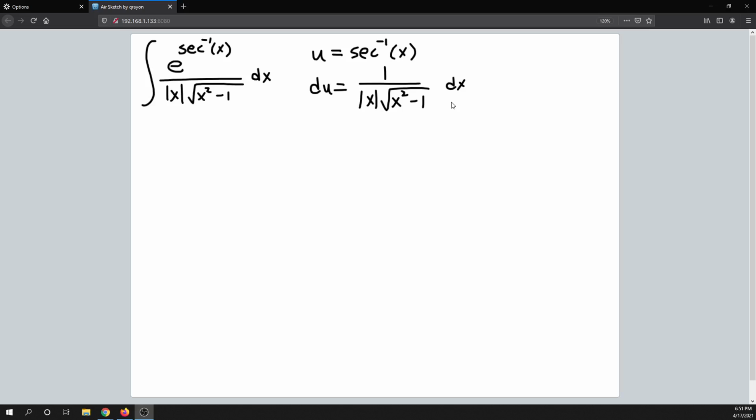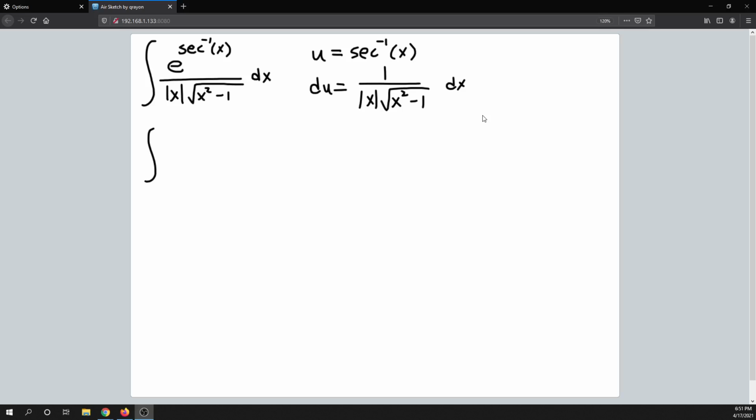The next thing that we need to do is to switch all occurrences of x over to using these two equations here. It's pretty easy to see that for secant inverse, we're going to put u, but it might be a little more difficult to realize how the rest fits into the picture. What you need to do to make it easier is to pull this apart.